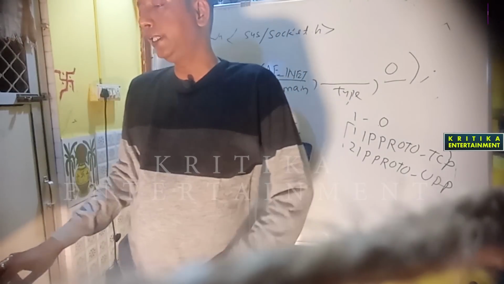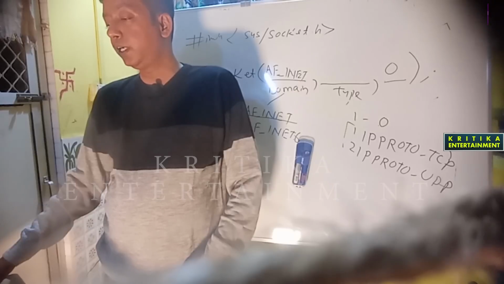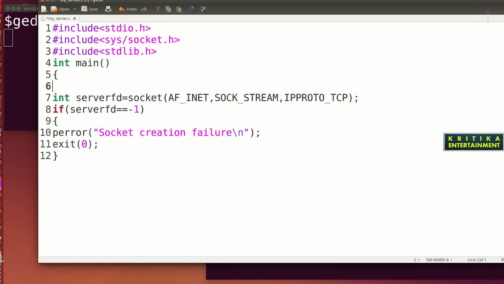Inside this, two functions are there. Another is clear. Suppose here we write system; inside the bracket you can also use the clear function. Then the bracket closes.